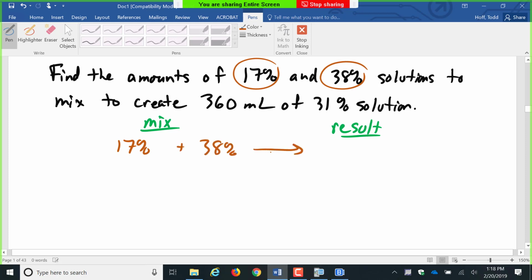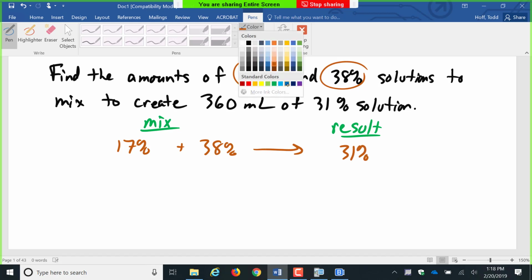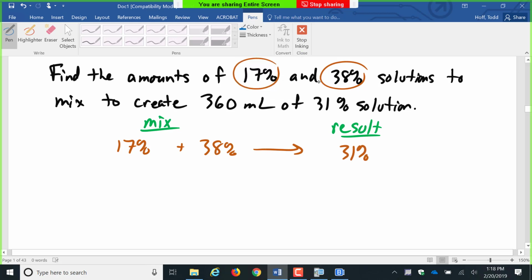The result we hope to get is 31%. If you look at the amounts, it looks like we only have one amount given, and it's true, we only do have one amount given. What is it? 360, and that is the result.